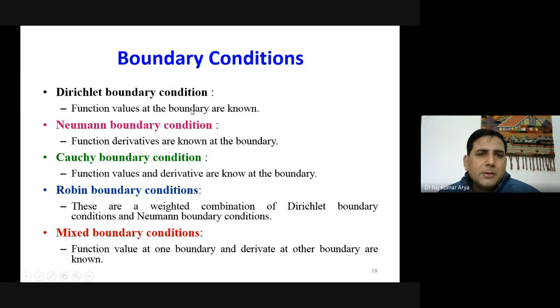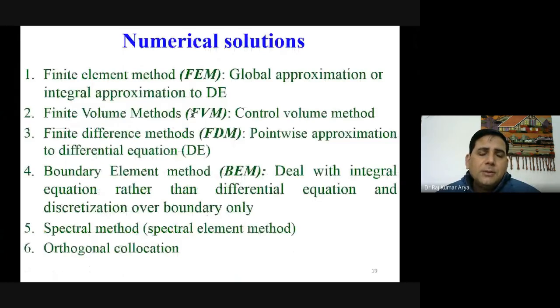Now that we have all these boundary conditions and the equation, we want to solve them. There are several techniques to solve partial differential equations. The first one is the finite element method, which works on global approximations and an integral approach to the differential equation. Finally, all of them convert to a differential equation. Then you have the finite volume method, which is mostly good for heat transfer operations where you want bulk heating or cooling.